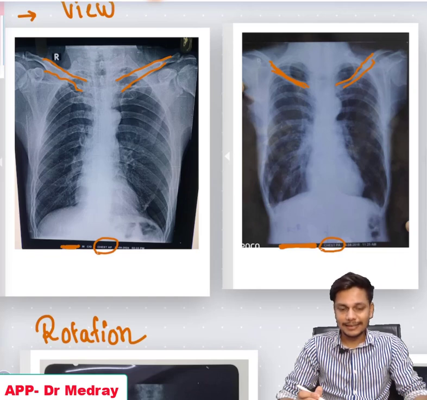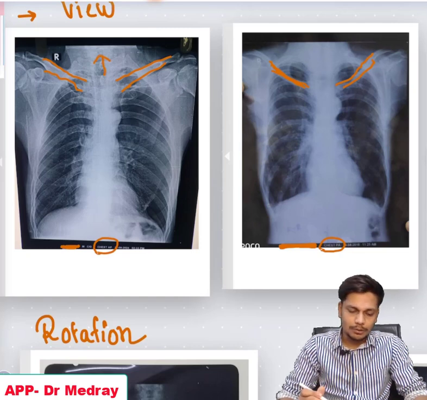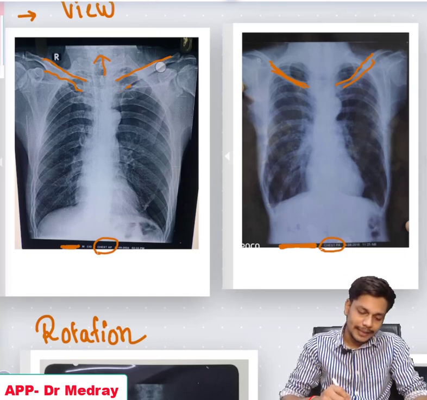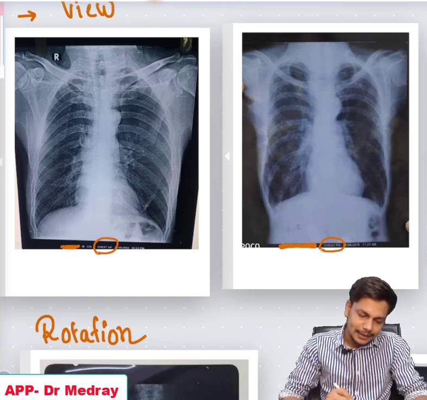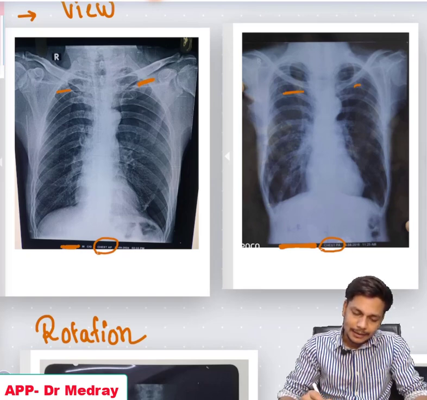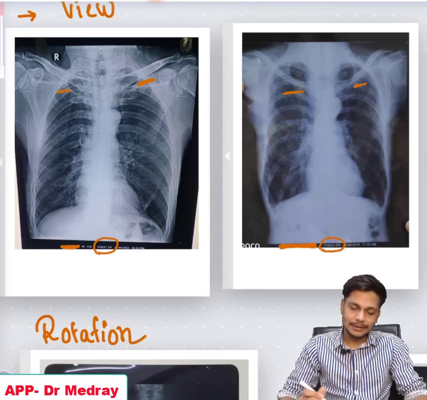Second, the clavicle in the AP view is positioned more upward, whereas in the PA view it is slightly downward. When I remove this marking, can you appreciate that the clavicle here in the AP view is more upward, while the clavicle in the PA view is slightly downward? This is one differentiating point between AP and PA view chest X-ray.